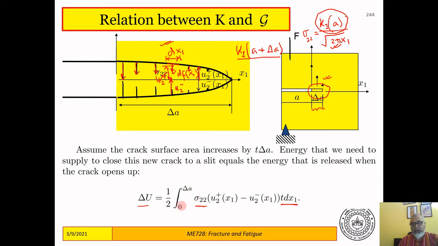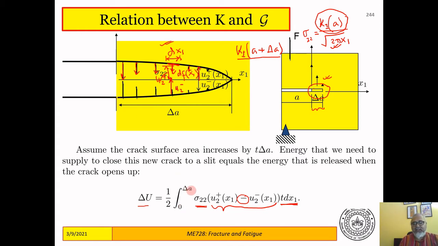So the total change in strain energy of the small element would be sigma 22 times this multiplied by u2 plus minus u2 minus. This minus reflects the fact that the bottom and top faces are moving in opposite directions. So this is the total strain energy when you integrate from 0 to delta A over this region.